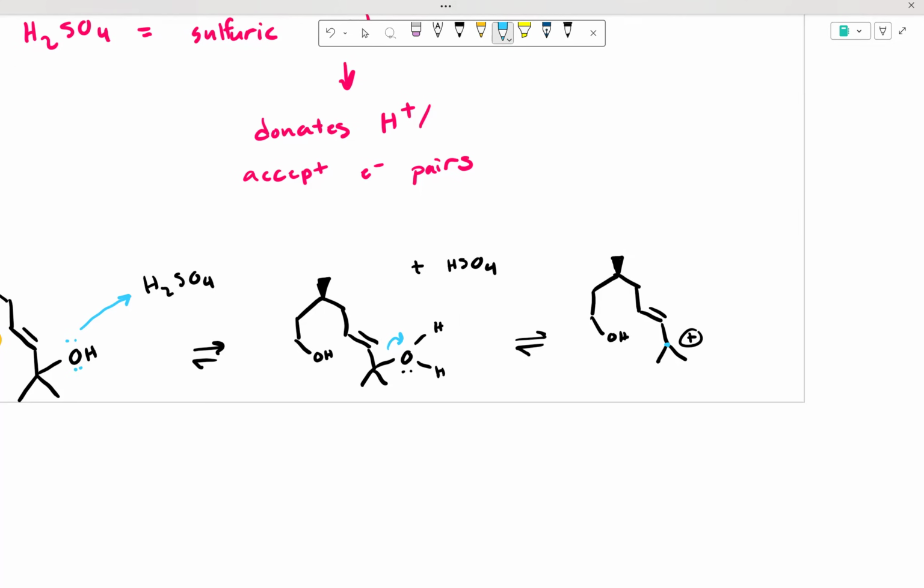And carbons usually want four things bonded to it. So it has one less than what it wants, so it has a formal positive charge.